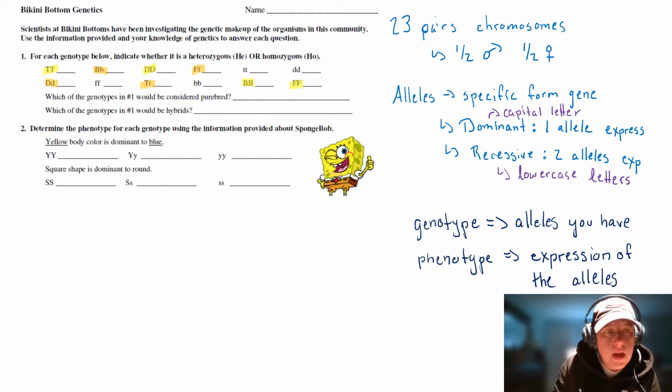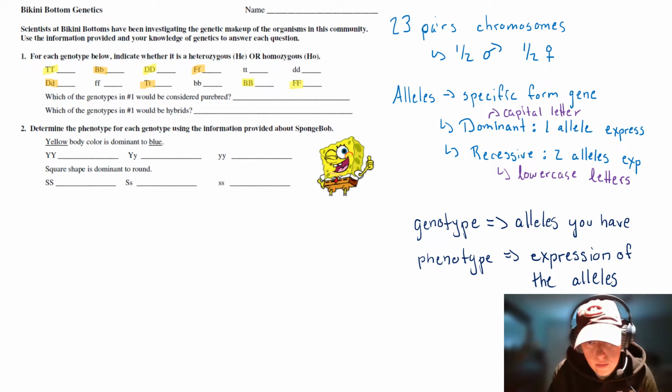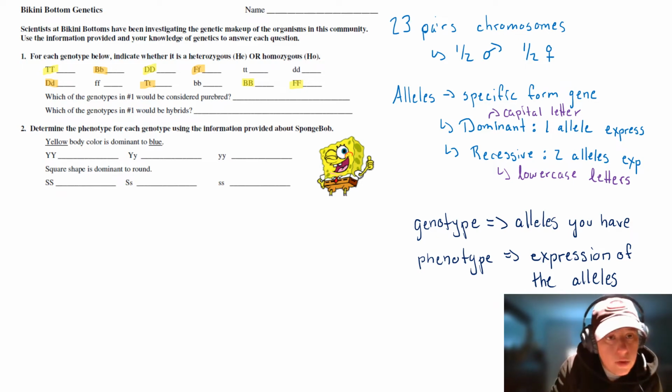So if we're looking at question number 2, yellow is dominant to blue. That means if I have one capital Y, I'm showing the expression of yellow. So capital Y is showing yellow because I have at least one dominant allele, or capital Y is also showing yellow because I again have one dominant allele.